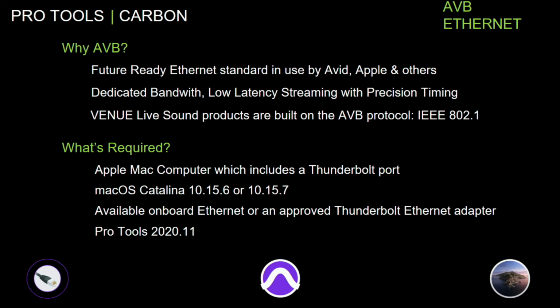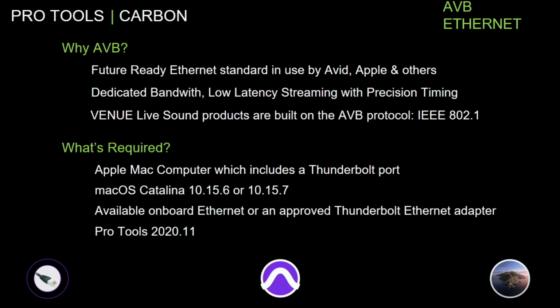It gives me the ability to have dedicated bandwidth, so they have guaranteed performance.